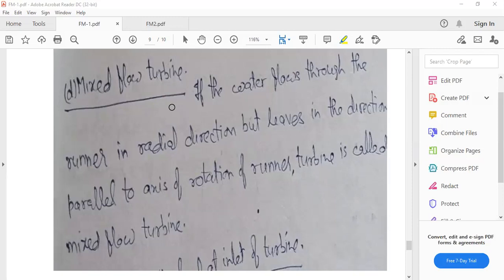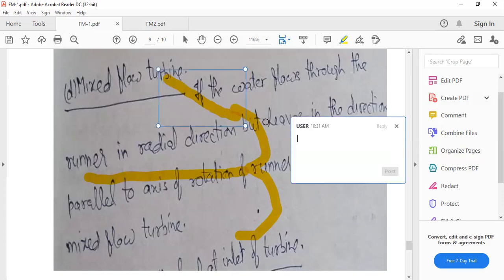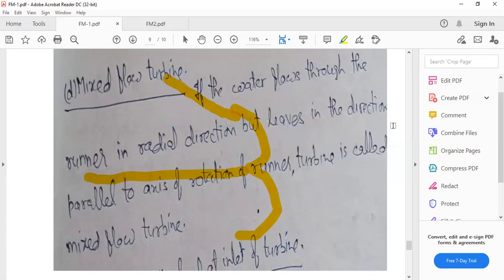In tangential flow turbines, water moves in tangential direction to the runner. Suppose water enters here and water leaves like this. So water leaves in tangential direction to the runner. These types of turbine are known as tangential flow turbines.